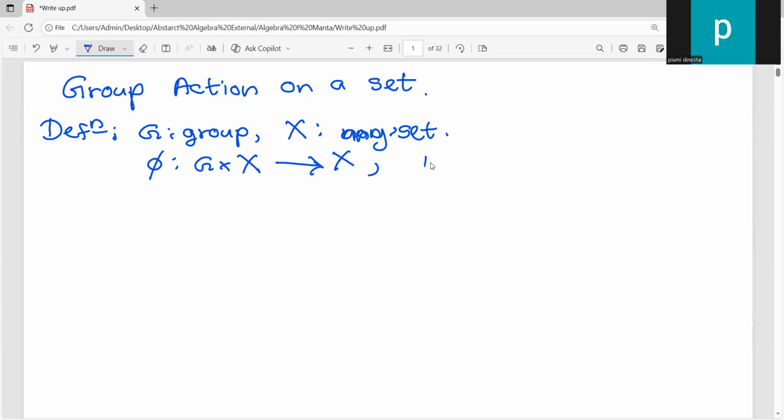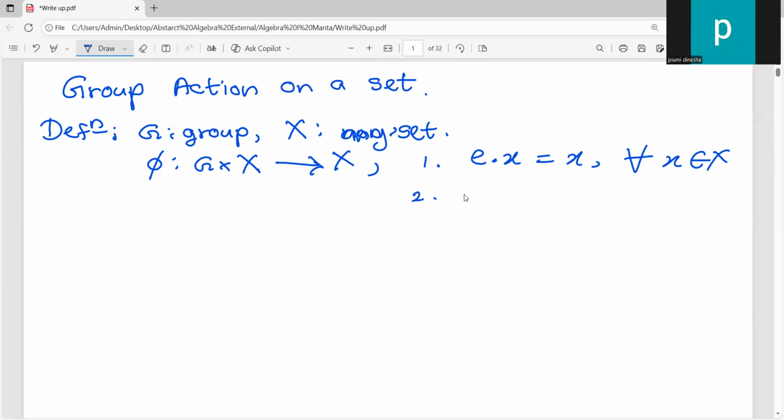such that it satisfies, first of all, the identity, or in other words, phi of E comma X, any element that you take from this set X, which we summarized to being E dot X. Where E dot X, this dot refers to the group action now, E dot X is equal to X for all X in the set.